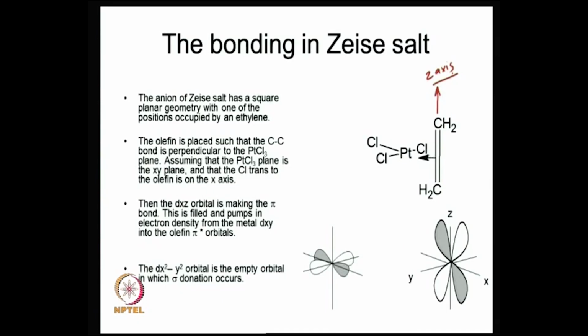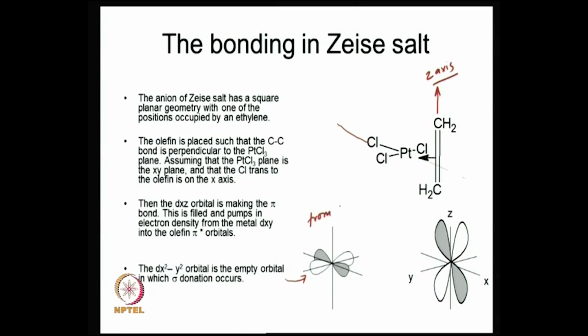Then the dxz orbital, if this is the x axis, is the one suitable for interacting with a pi star orbital on the olefin. The dxz orbital is pictured here, and the dx squared minus y squared orbital is the orbital which primarily accepts electron density from the pi.